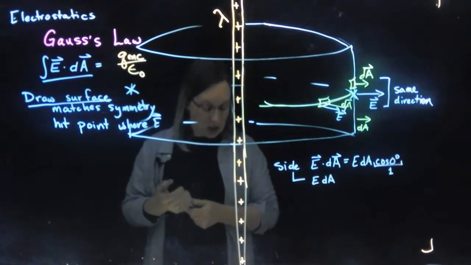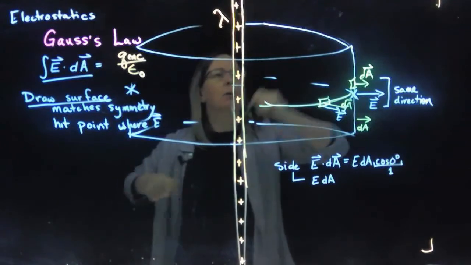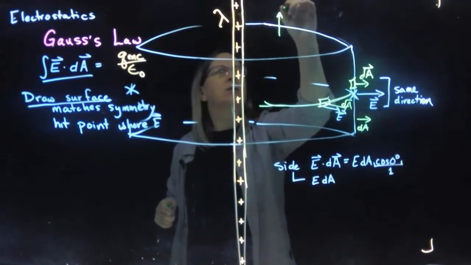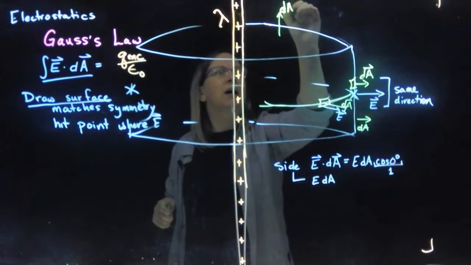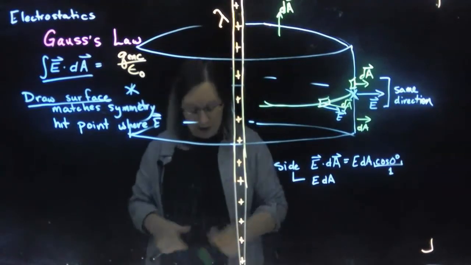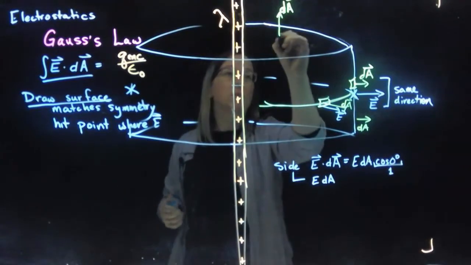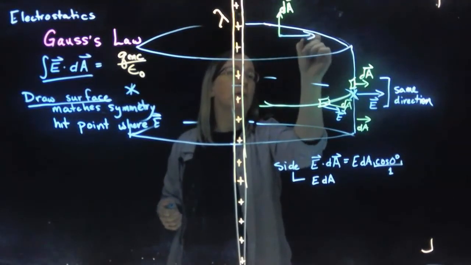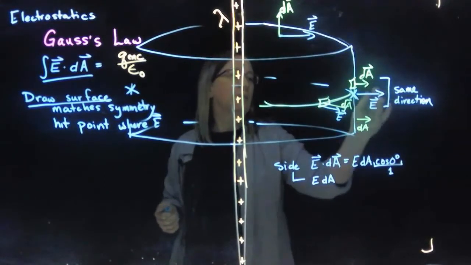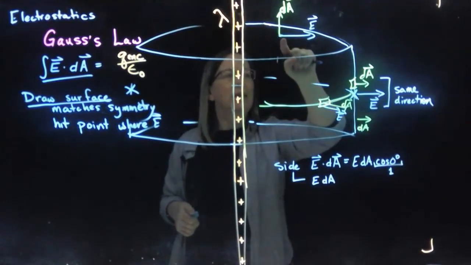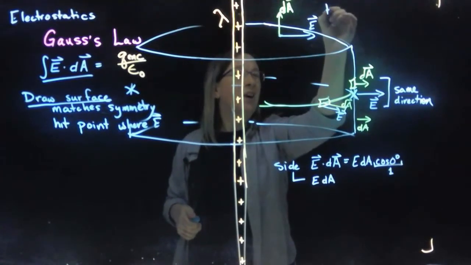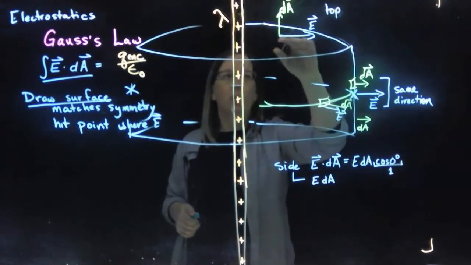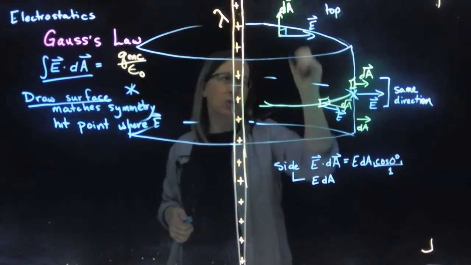I'm going to look at the top now. So the top, notice the area goes like this. This is my little dA on the top. And my electric field at this point still points out this direction. I'm closer in, so it's a bigger electric field than it was out here. So E dot dA on the top, notice the angle between them is 90 degrees.